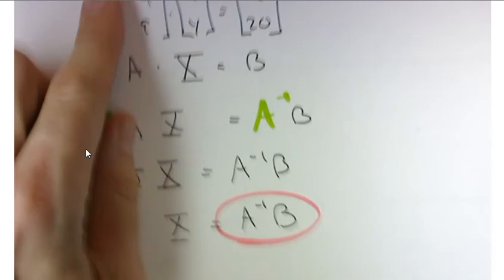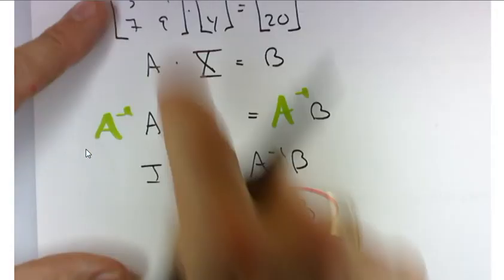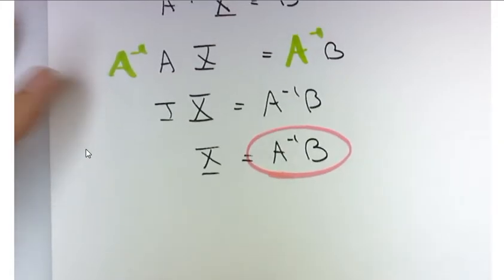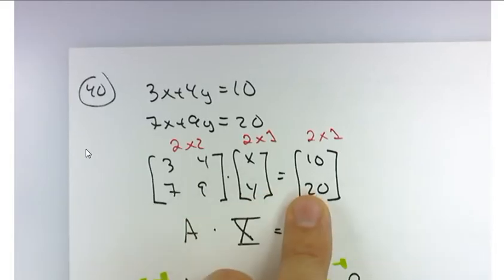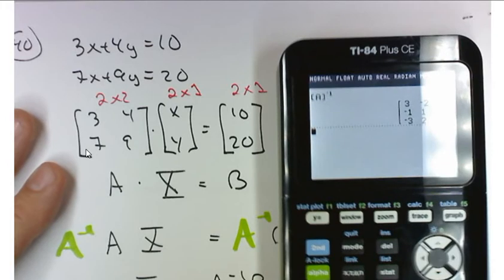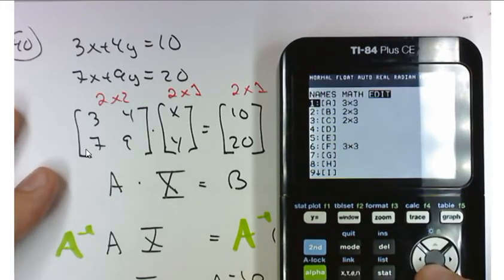So let's do that for this system of equations here. Let's take and find A inverse. Now, we're not going to do this the old mechanical way. Let's put matrix A into our calculators, and then this will be matrix B into our calculators. Let's put them both in. So matrix A is now a 2 by 2 matrix.